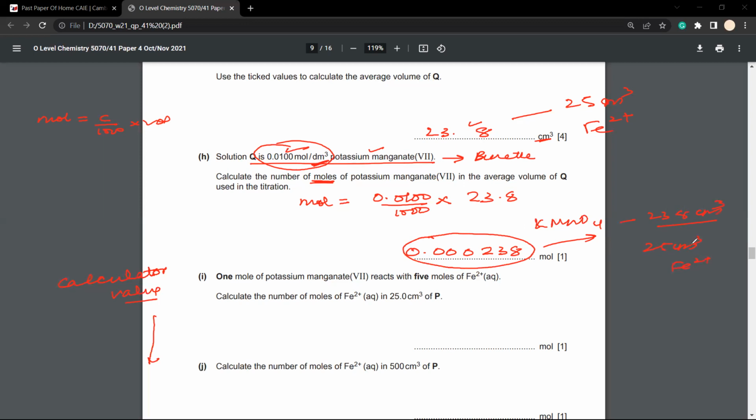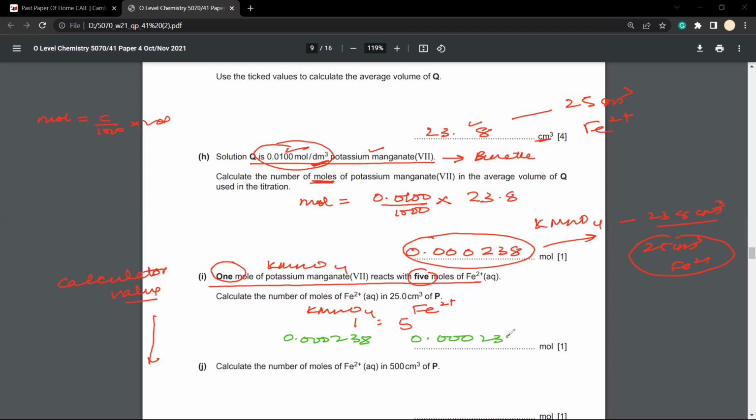Now I don't know, अब मुझे ये निकालना है कि 25 cm³ के अंदर कितने मोल्स होंगे, तो उसके लिए अपने एग्जामिनर हमें इक्वेशन देगा या फिर वो आपको मोलर रेशियो देगा. यहाँ पर वो कह रहा है कि 1 mole of KMnO4 is reacting with 5 moles of iron 2. अब ये KMnO4 के मोल्स हैं, ठीक है, तो KMnO4 और iron 2 का जो रेशियो है वो 1:5 का है. अब आपके पास यहाँ पर KMnO4 के मोल्स हैं, तो KMnO4 के मोल्स कितने हैं, 0.000238. तो अब आप iron 2 के निकालने के लिए what you'll do is the same number of moles you will be multiplying 5 times, in order to get the iron 2 moles in 25 cm³, right.